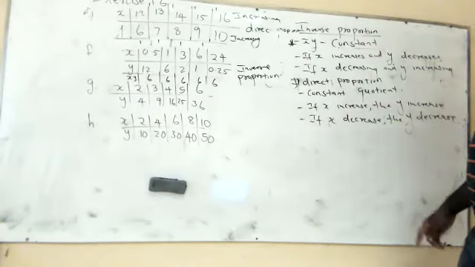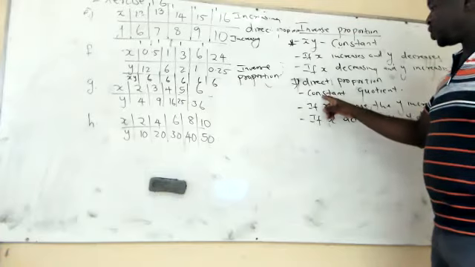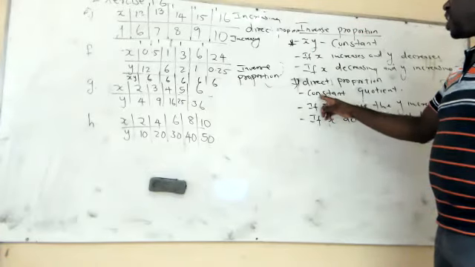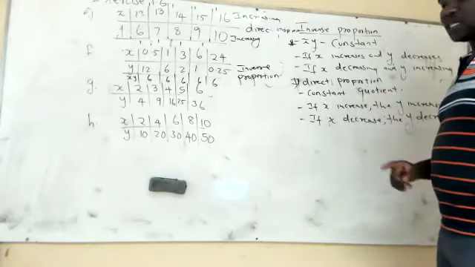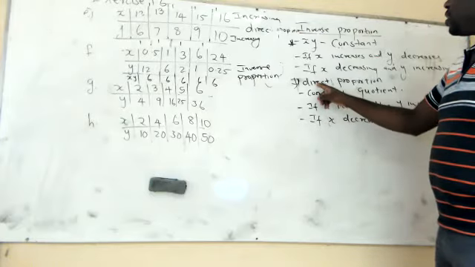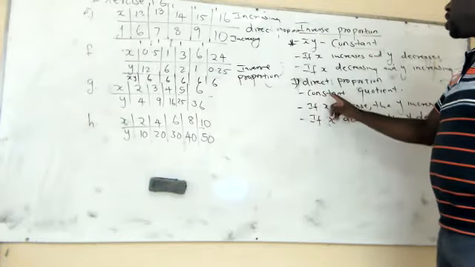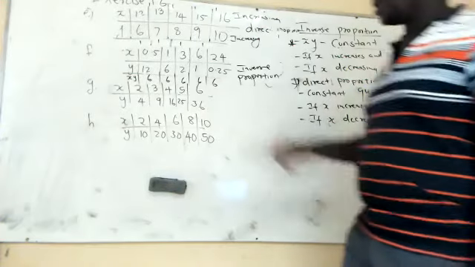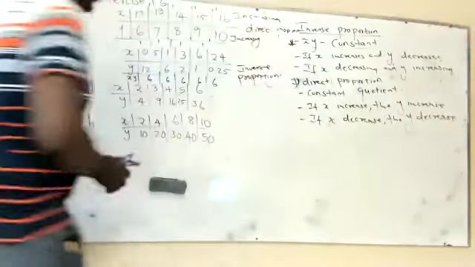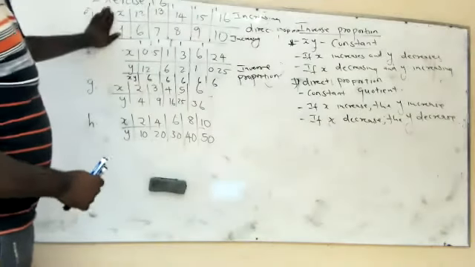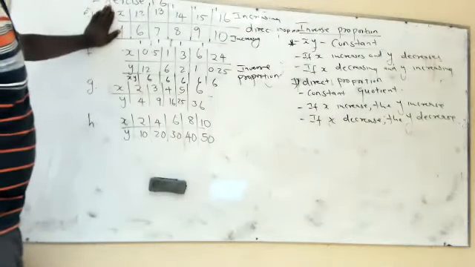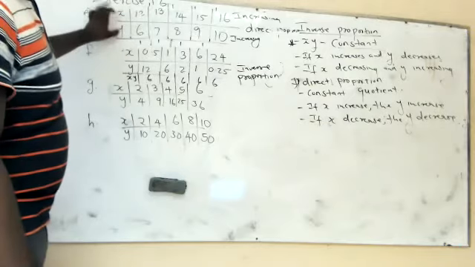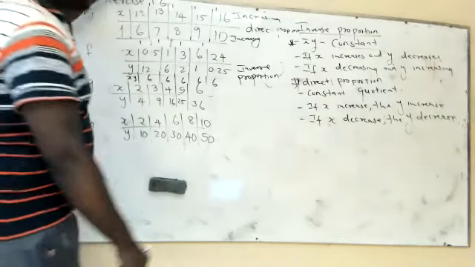The first condition is that we need to check if the table we are given has a constant quotient. What is the constant quotient? Let's go to the table. I'll give an example using the first table that we have done already. Let's use this one for the direct proportion.